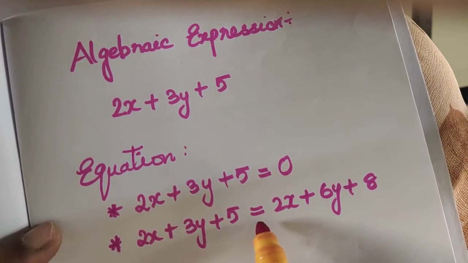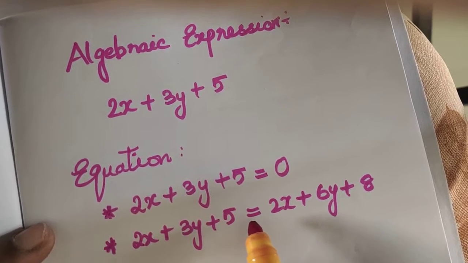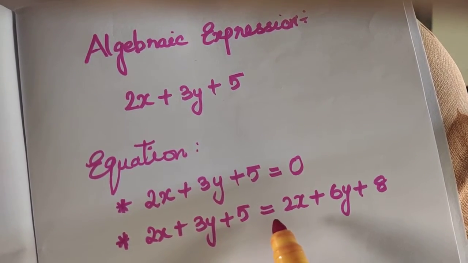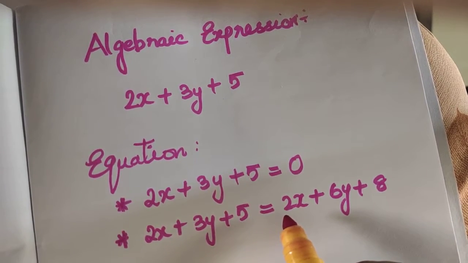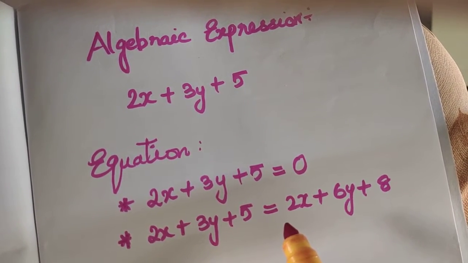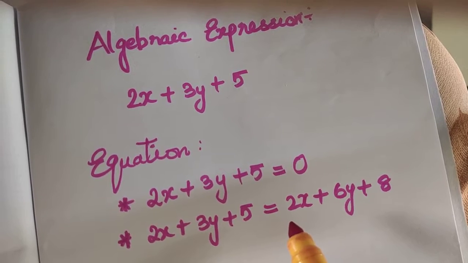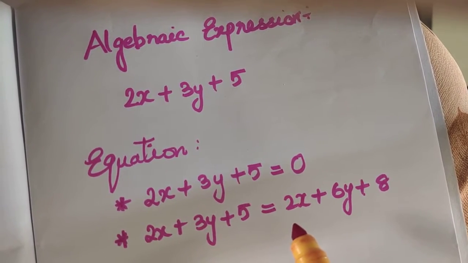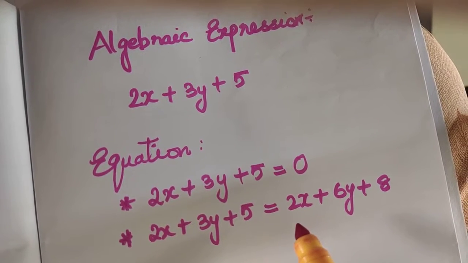Whenever I am introducing this equal to sign, and combining two different expressions with the equal to sign, then I can say this is an equation. So this is the major difference between an expression and an equation.